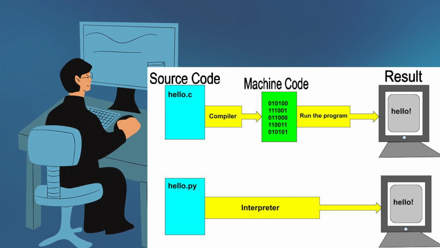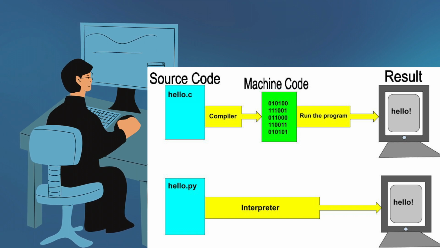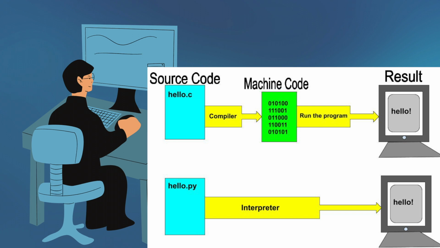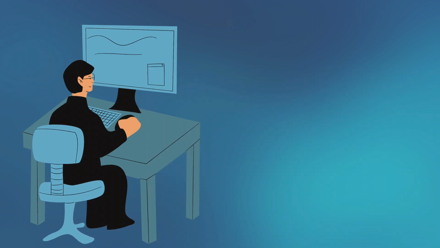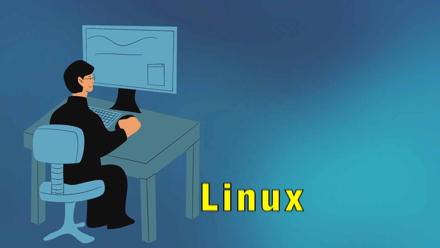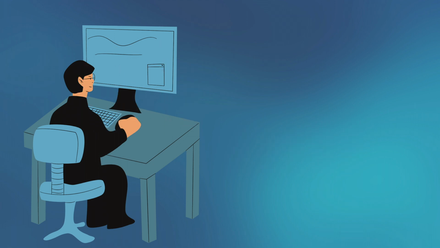Also, because interpreters execute the source code themselves, the code itself is platform independent. It means they are not dependent on the type of CPU or operating system we are working on. Operating systems like Microsoft Windows, Linux, Apple macOS, iOS, and Android.